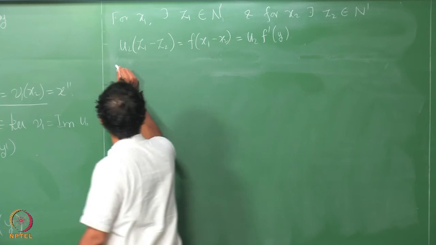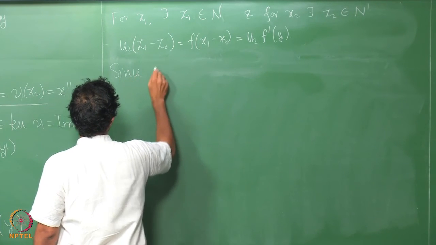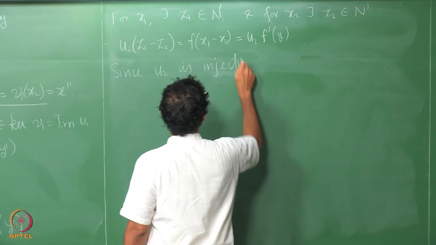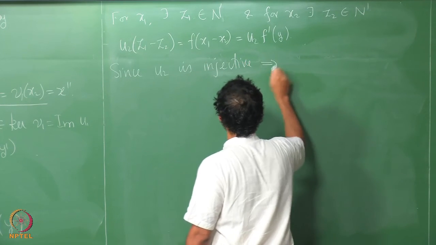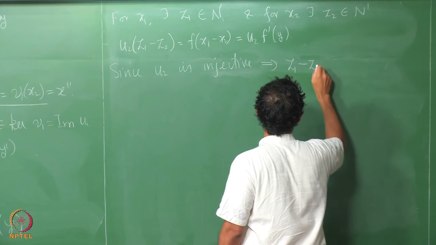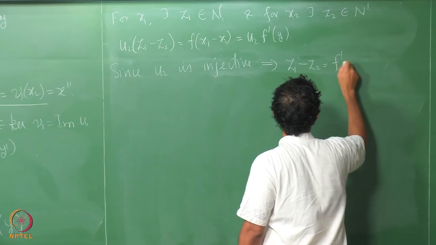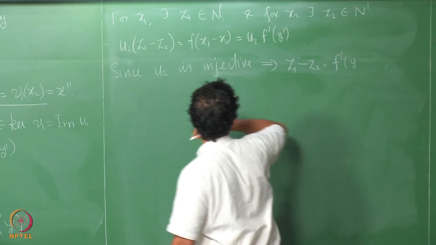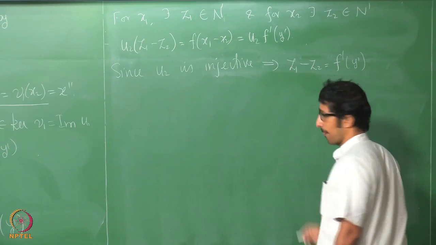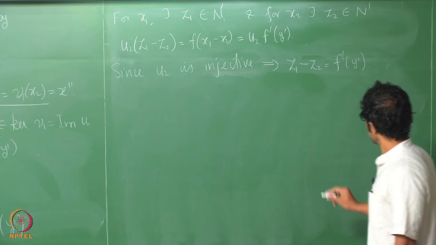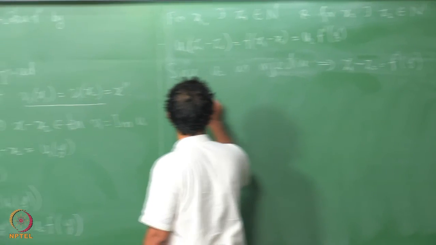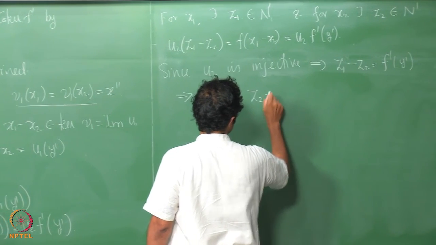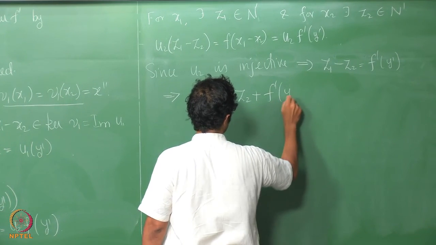But now u2 is injective, so that implies z1 minus z2 is equal to f prime of y prime, for that y prime. That says z1 is the same as z2 plus f prime of y prime.